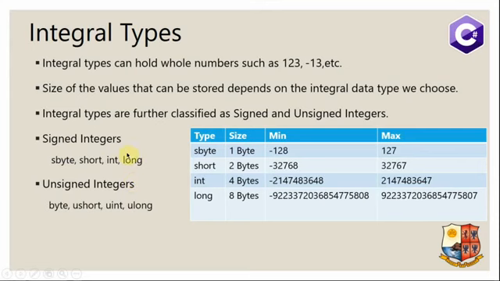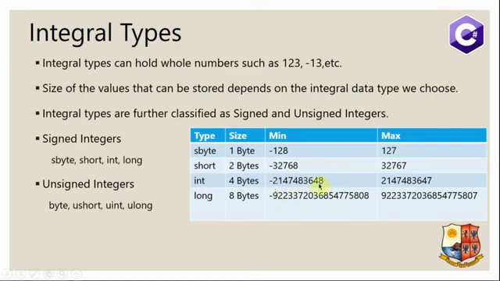Now, that's the first thing, signed or unsigned. Now, inside that, which one should I use? It depends on the maximum value or the minimum value you would like to store in that particular data type. So please note, if I am going to store my mobile number, what should I use? I cannot use S byte, I cannot use short, I cannot use int. The reason is that this is a 10-digit number, and it doesn't start with 9, it starts with 2.